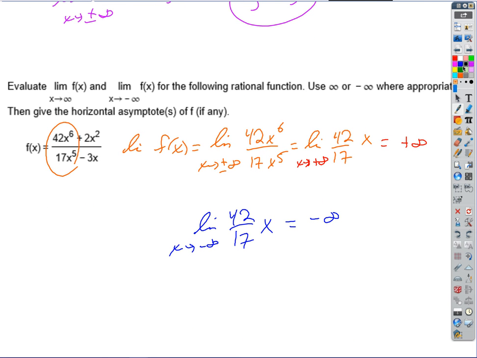The limit of f of x as x approaches positive infinity is, well, we know it's infinity because the top is the bigger power. I'm plugging a positive number in, so I get a positive term on the top, a positive term on the bottom, positive over positive is positive.